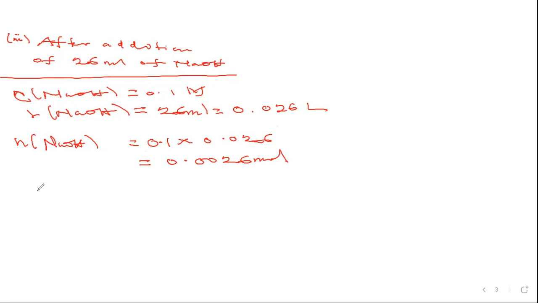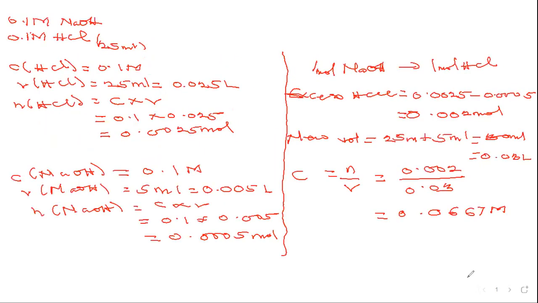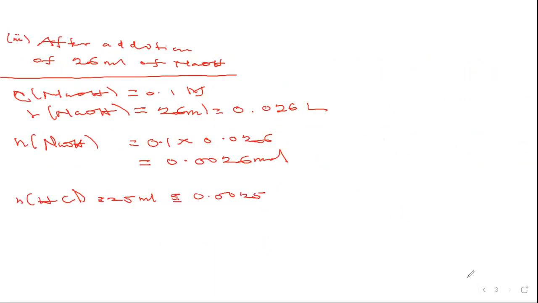But we found out earlier that the moles of the HCl that was in the 25 mils was 0.0025. Let's cross check. Yes, 0.0025. That was the mole that we had for the HCl that was in 25 mils.